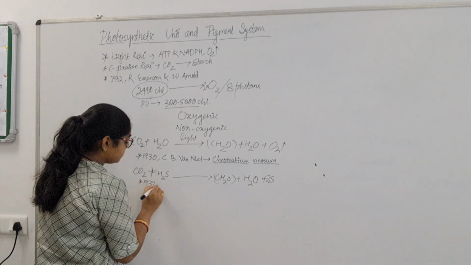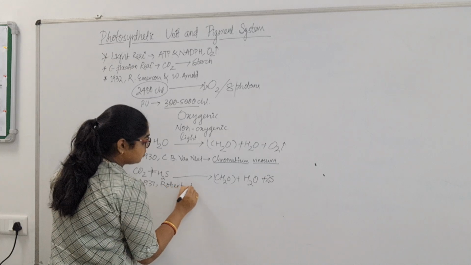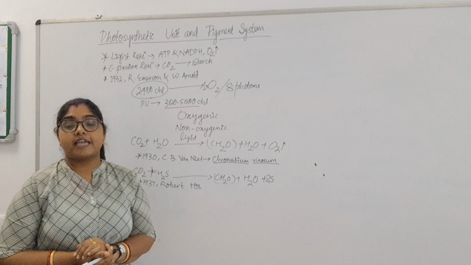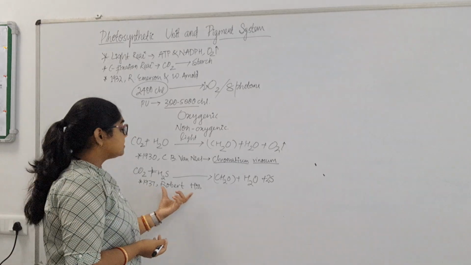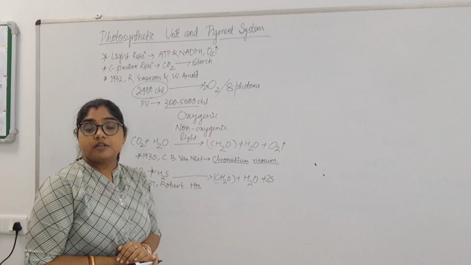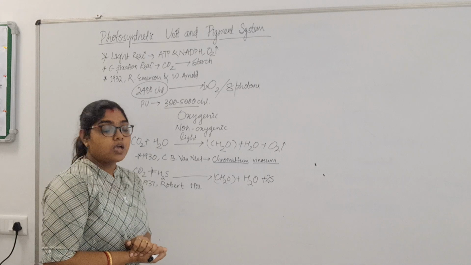Later on, in 1937, a scientist called Robert Hill proposed a theory regarding oxygen molecule evolution that is known as Hill's reaction.